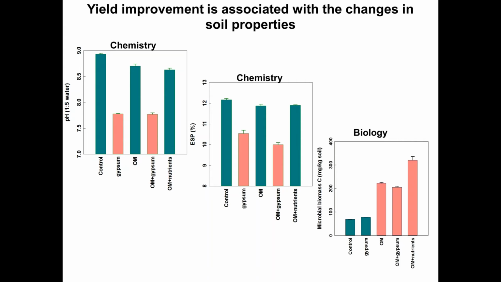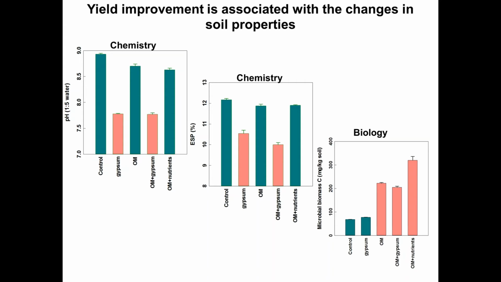If we look at the microbial biomass carbon, and I just want to simplify that, it's the carbon in those amendments that we need to build up aggregation, or over time that microbial biomass carbon is going to help us to achieve that aggregation in the subsoil. The control treatment and gypsum have very low quantities of microbial biomass carbon.